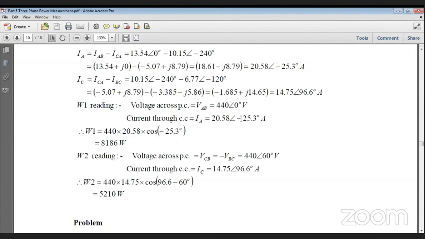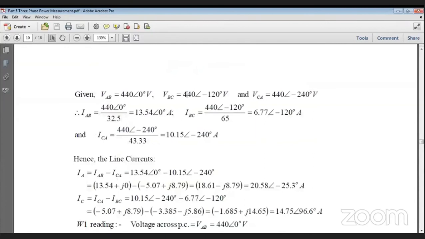Then the angle between these two is 25.3, so cosine of that. What about W2? Voltage across PC is VCB, which is minus VBC. That means, as I said, we add 180 degrees to the angle to make it minus. So this is the 440 with 60 degree.